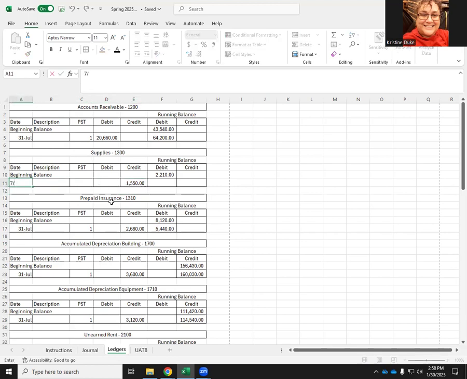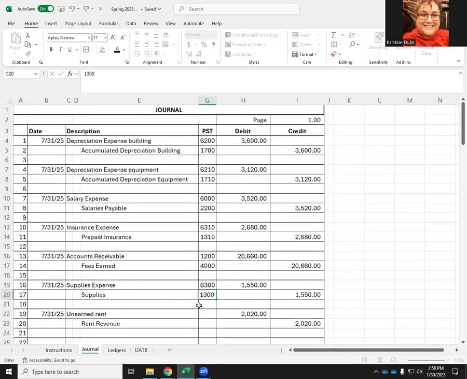I needed to get that number out of my head before I forgot it. There we go. Beautiful. That is 1,300. Unearned rent is 2020.